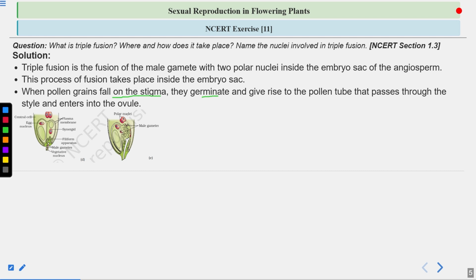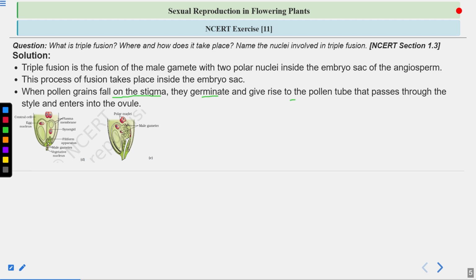And you all know this pollen tube is the extension of the intine. The pollen tube emerges from this germ pore, and it germinates. Then it penetrates the stigma and style and reaches the ovary.